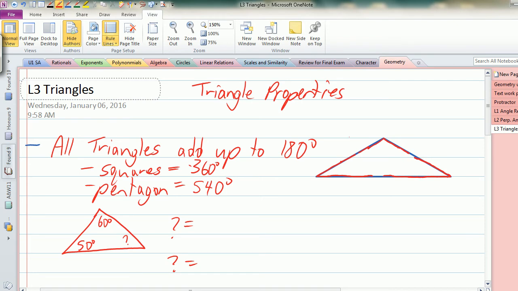So, if we took this triangle and we cut it into 3 separate pieces, what we get, whoops, this line's disappeared. Oh, there we go. No, it disappeared.